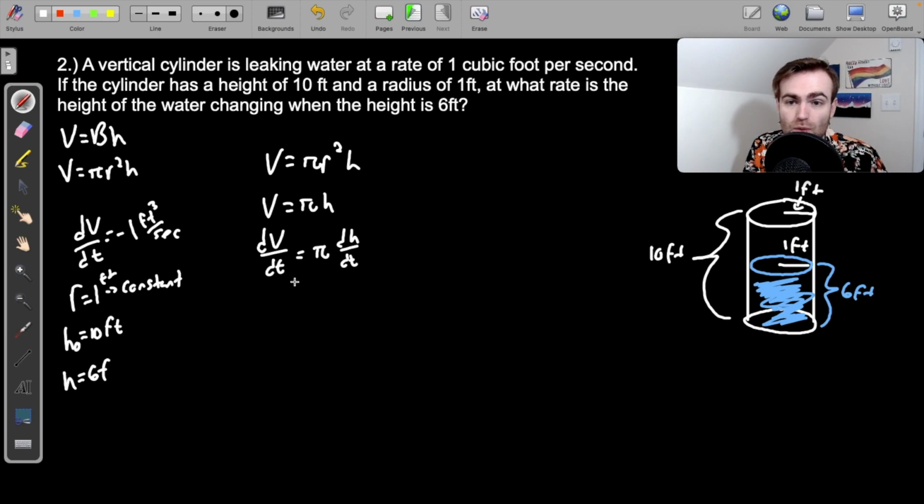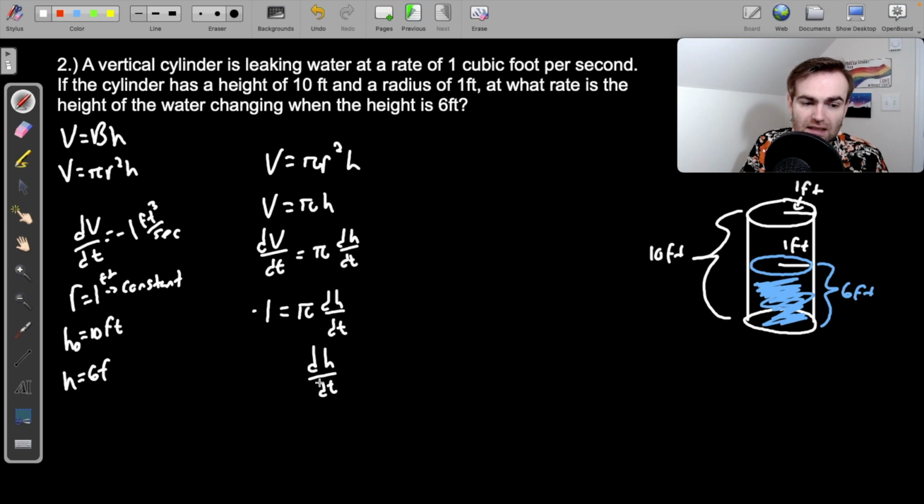Like, there is no radius, there's not a lot of weirdness when it comes to this. If we substitute in dV/dt, we have -1 equals pi dH/dt, which means that dH/dt is equal to -1 over pi, and that would be feet per second.